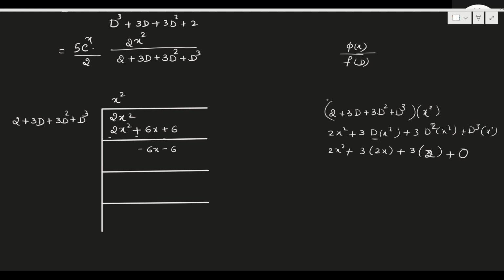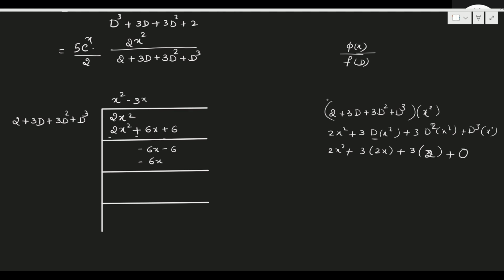Now minus 6x minus 6, I want. To get minus 6x, I need to multiply 2 with minus 3x. Minus 3x into plus 2 is minus 6x.